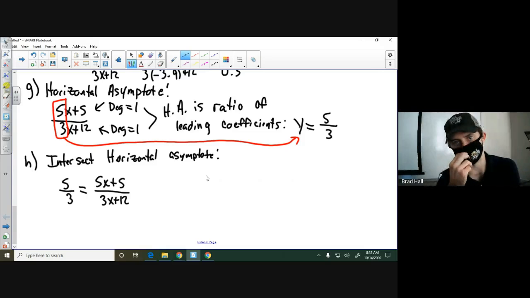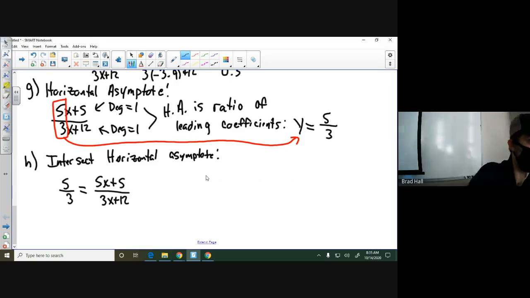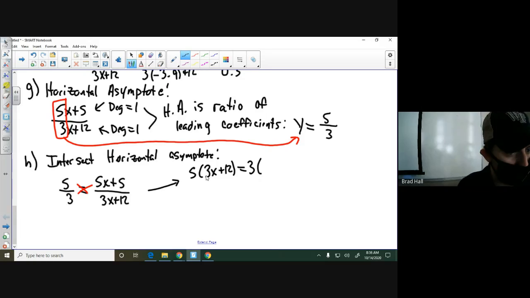Notice we are setting the function equal to the horizontal asymptote that we found, and whichever x value we find would be where the graph would potentially intersect the horizontal asymptote. So we can cross multiply to get 5 times (3x plus 12) is equal to 3 times (5x plus 5), which we can go ahead and distribute.